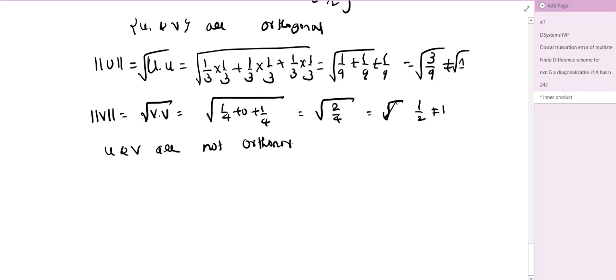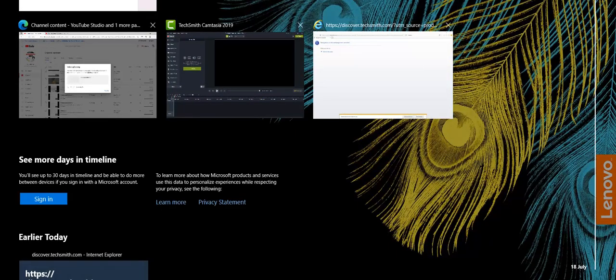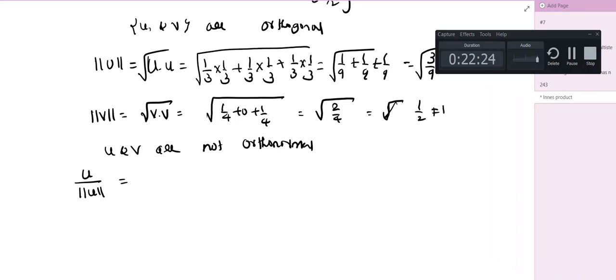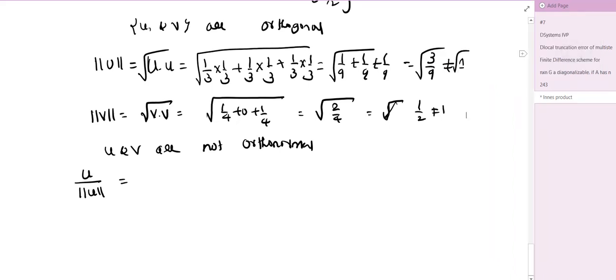For normalizing, you know that you have to divide u by its norm. The norm of u we have already, which is 1 by root 3.